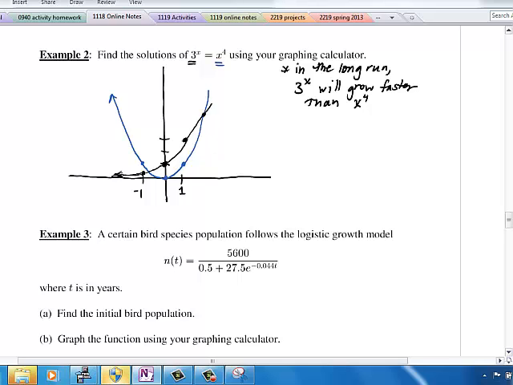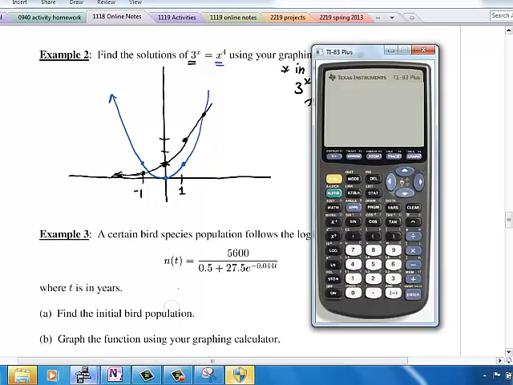So when we go look at this on our graphing calculator, whoops, we can graph these two functions, 3 to the x and x to the 4th.